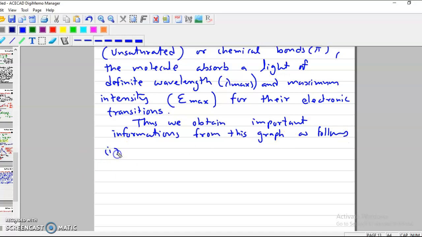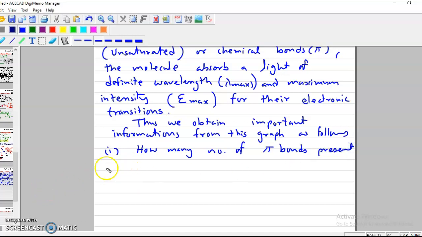The first information obtained is the number of pi bonds present in the molecule.